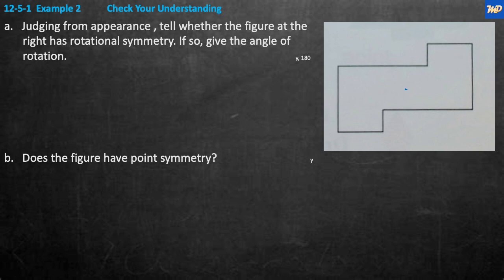If I put a point right here, there's the center, and I rotate this all the way around 180 degrees, this piece sticking up here is going to be down here. So the answer is yes. It has rotational symmetry. It'll look exactly the same once you rotate it 180 degrees. So that's the angle, and the answer is yes.